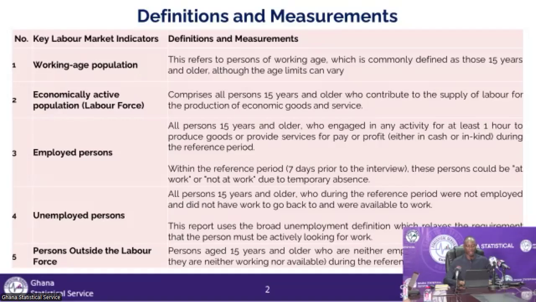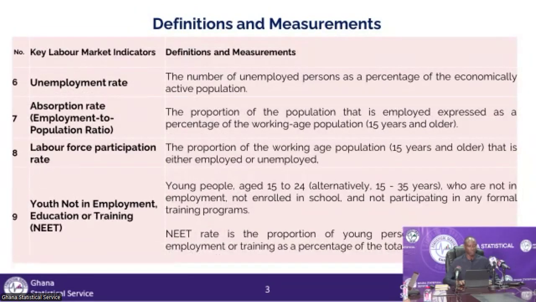It is employed plus unemployed as a share of the working age population. The absorption rate shows how many people in the labor force are actually employed as a share of the working age population.